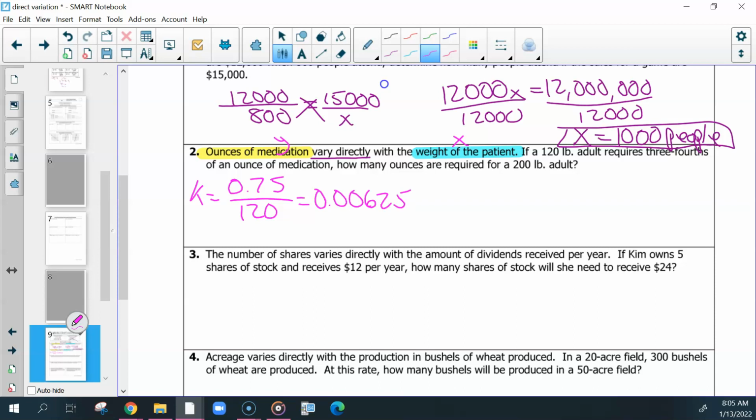A lot of these, unless you have big numbers like the first one, you're going to end up with some sort of decimal for K. So once we have this, we could put this in our equation. Y equals 0.00625x. The second part of this says how many ounces, so we're looking for Y, and we're given the weight, which is 200.